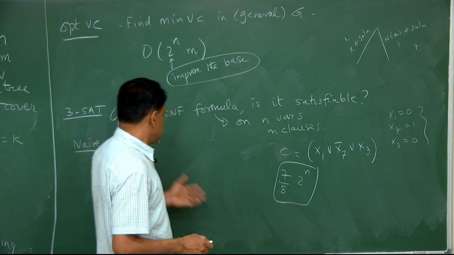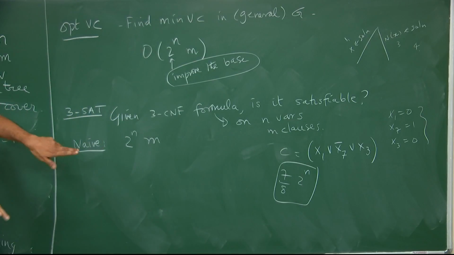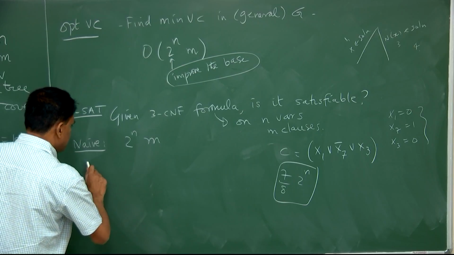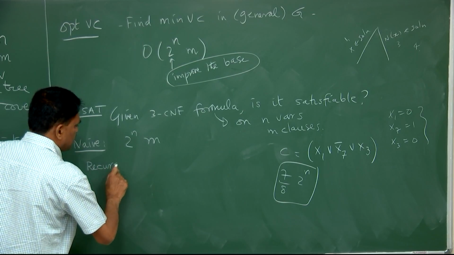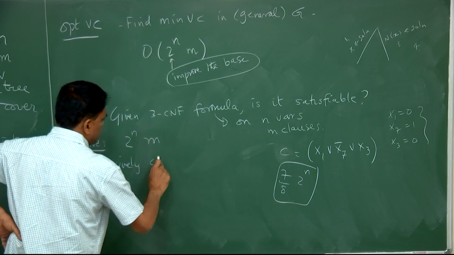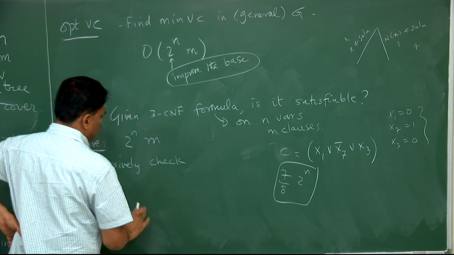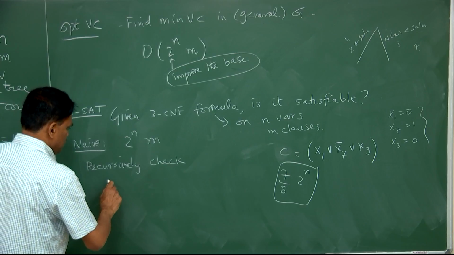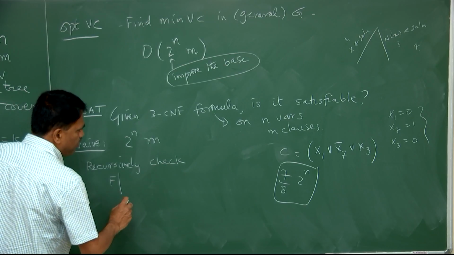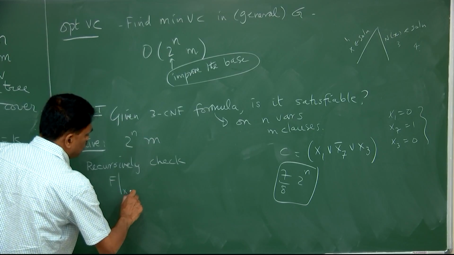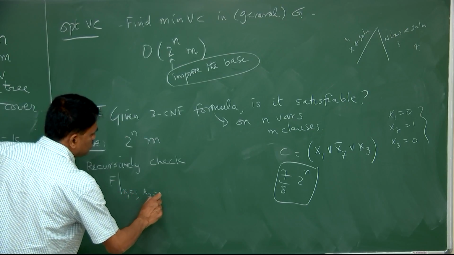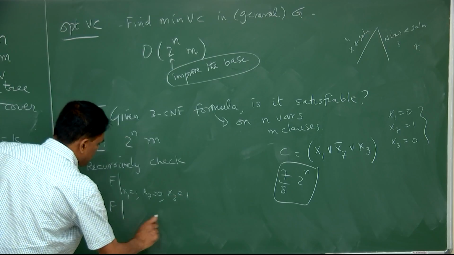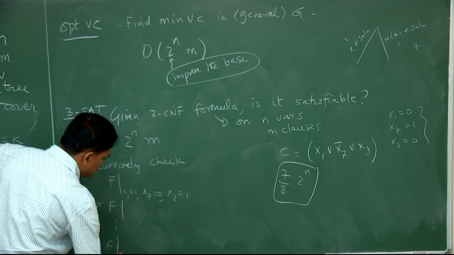So instead I am giving you a branching algorithm like the vertex cover branching. Recursively check f with x1 equal to 1, x7 equal to 0, x3 equal to 1, or f with, basically there are these 7 assignments you want to try.